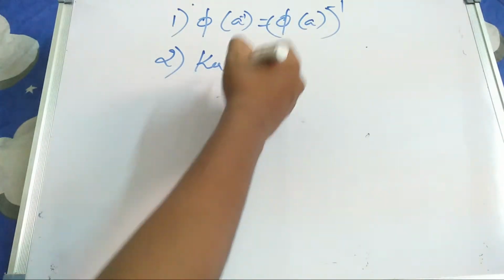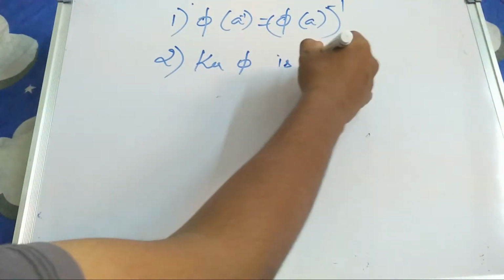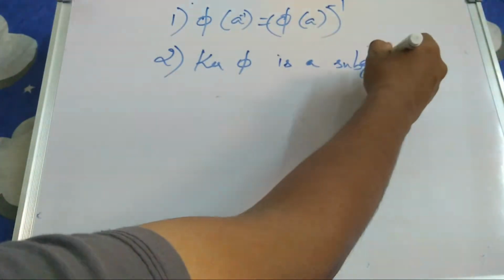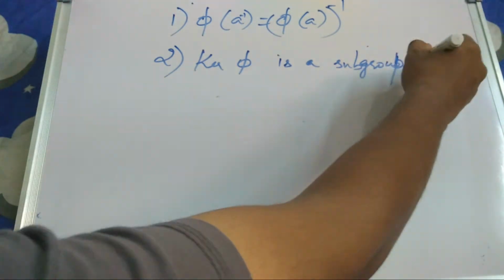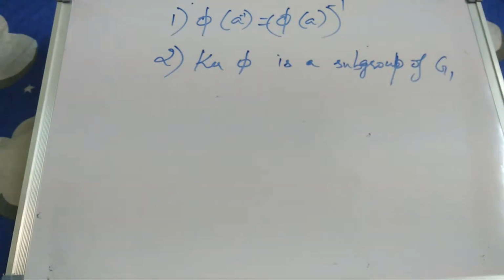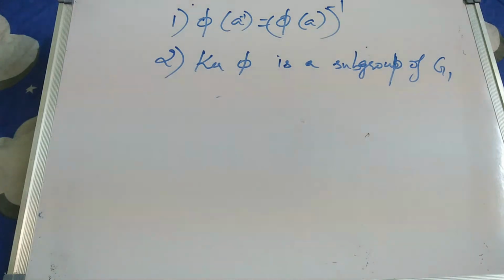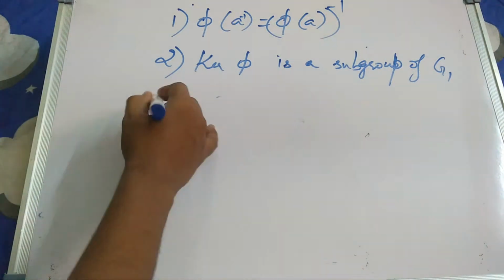Kernel phi is a subgroup of G1. Fact 3 is the most crucial one.